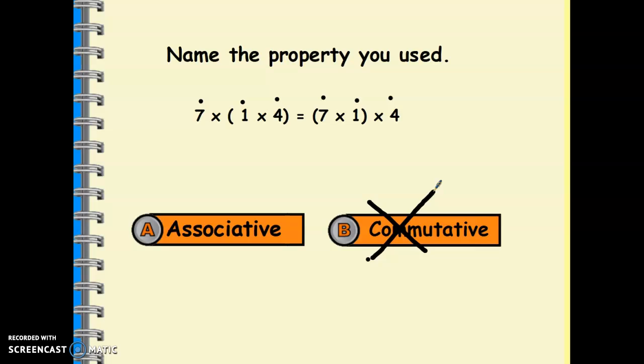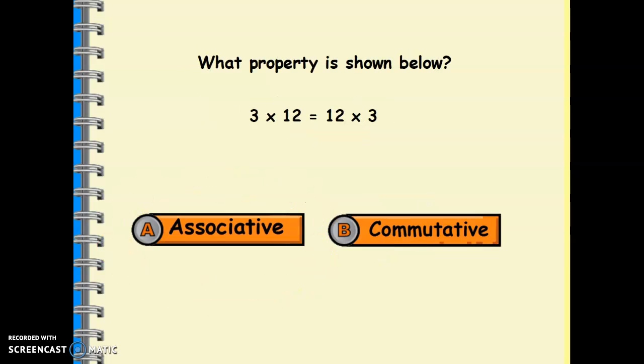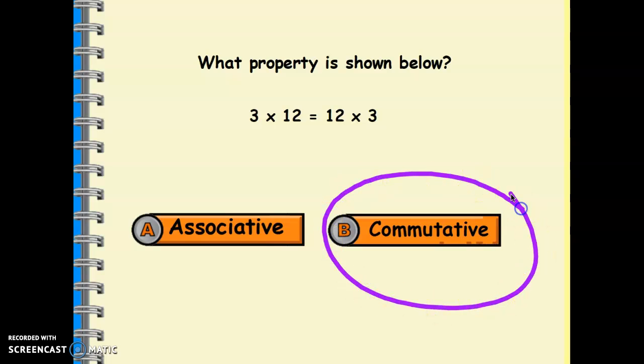On the left, my 1 is grouped with my 4, and on the right, my 1 is grouped with the 7. So that would be associative. Take a look at this one. What property is shown here? Hopefully you're noticing this time it's the same numbers, but my order is different: 3 times 12, 12 times 3. So that would be commutative.